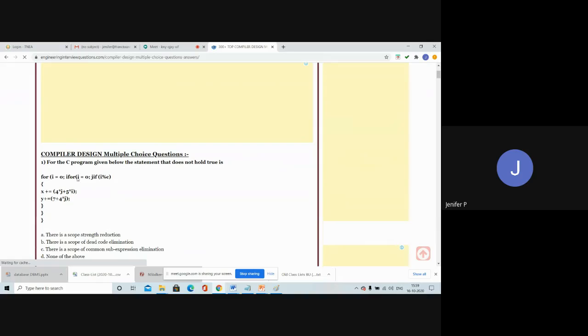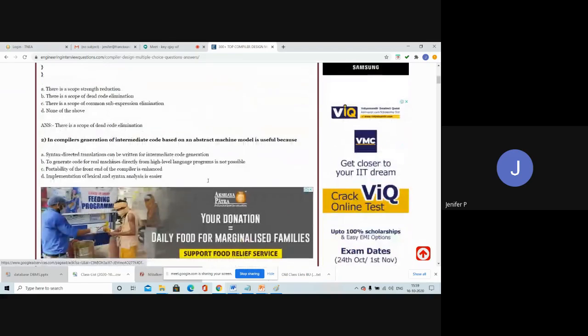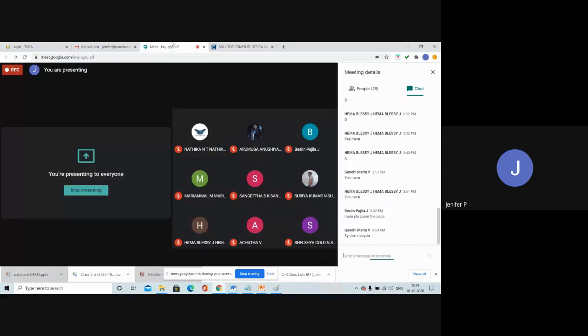Okay, see this code for the C program given below. Is it visible? Is the screen visible? Or I have to okay, ma.